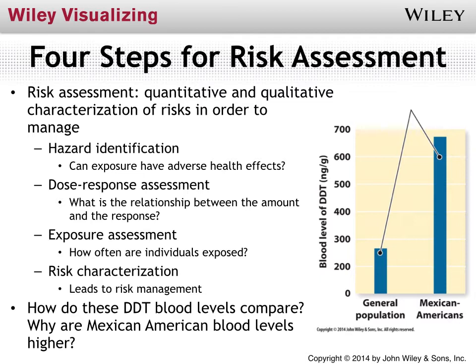So the image on the right talks about how DDT levels in blood compare between the general population and Mexican Americans. And as you can tell, the DDT levels are much higher in Mexican Americans compared to individuals who are just part of the general population.